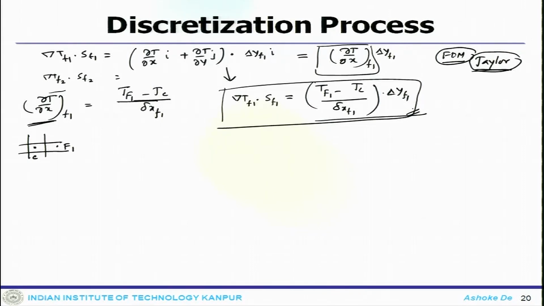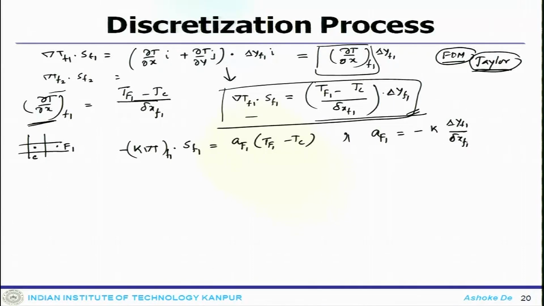Now, if you put them together, this term k delta T at F1 dot S F1 will become a F1 times T F1 minus T C. What is a F1? a F1 would be nothing but minus kappa delta y F1 by delta x F1. Okay. So, this is for phase 1.